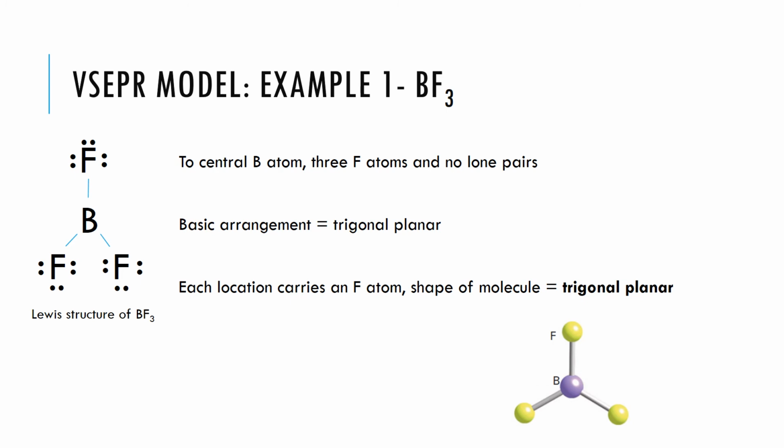The basic arrangement of electron density is trigonal planar. Each location carries a fluorine atom, so the shape of that molecule is also trigonal planar.